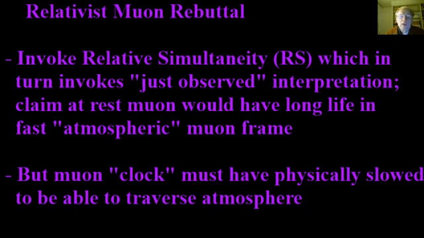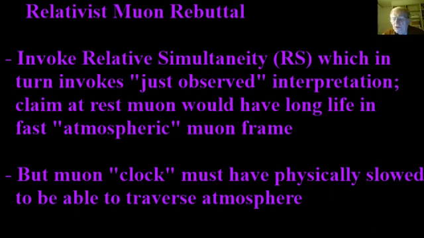What did the relativists say to that? Well, they tried to explain it as follows. They invoke relative simultaneity, which in turn invokes a just-observed interpretation. So they claim a muon at rest would have a long life in the fast atmospheric muon's frame.